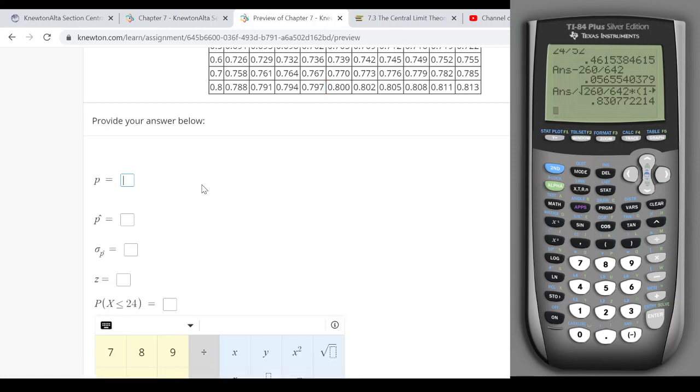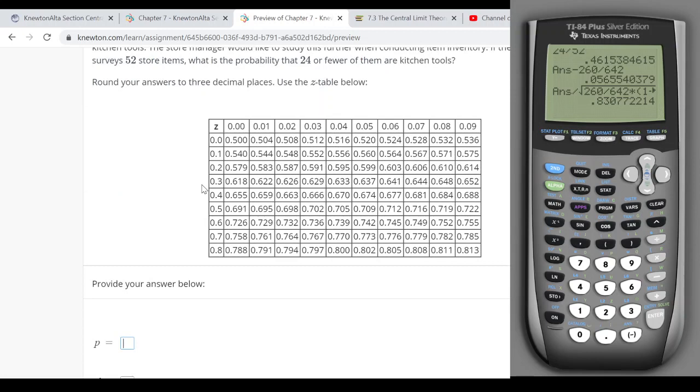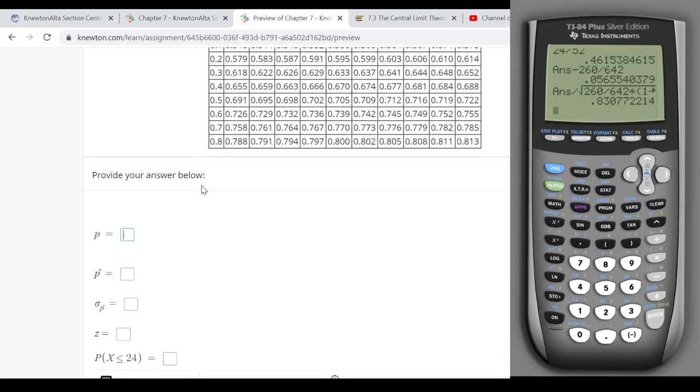Okay. So P was, and now they're asking us to round everything to 3 decimal places. So 0.405, right? That was the 260 out of 642. P hat, right? That's the sample proportion.